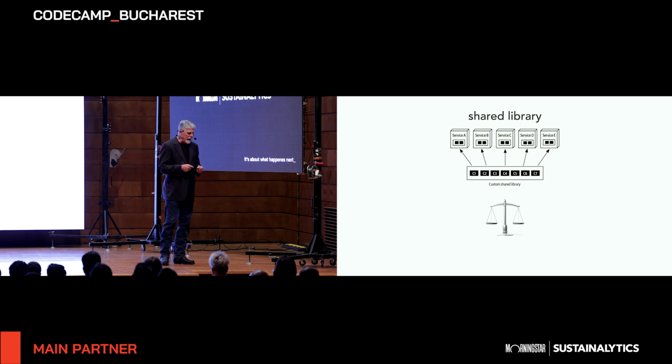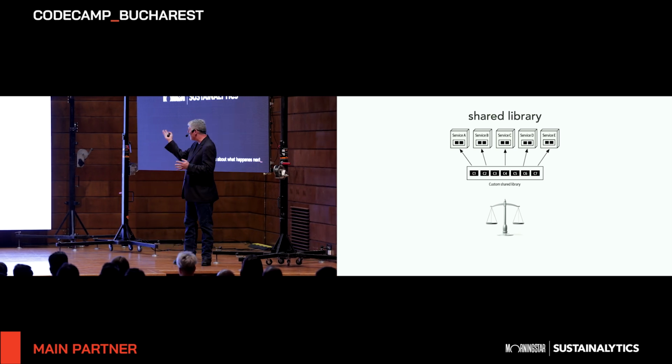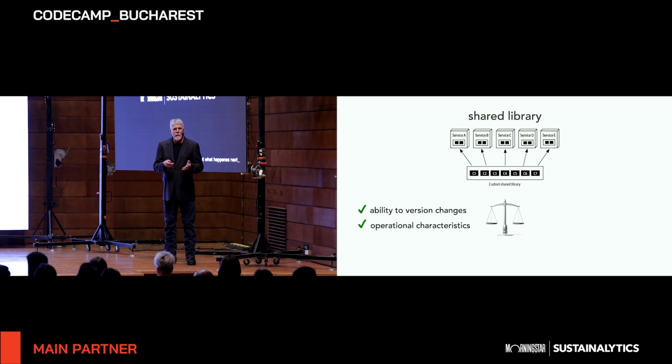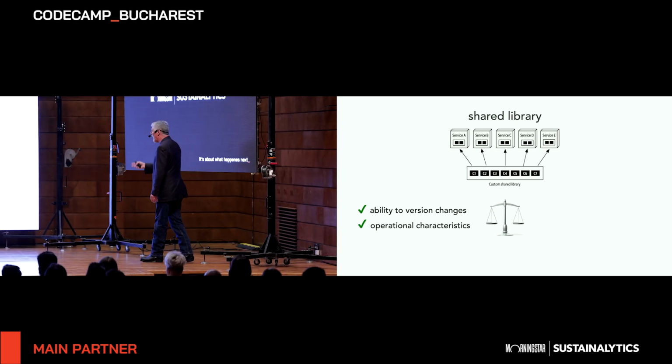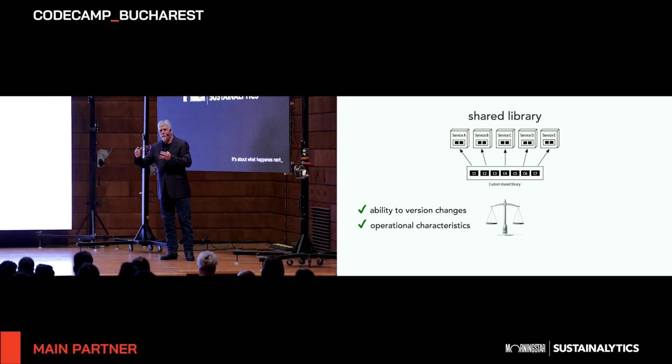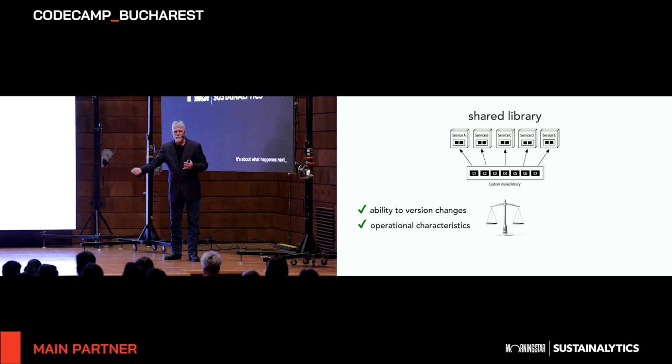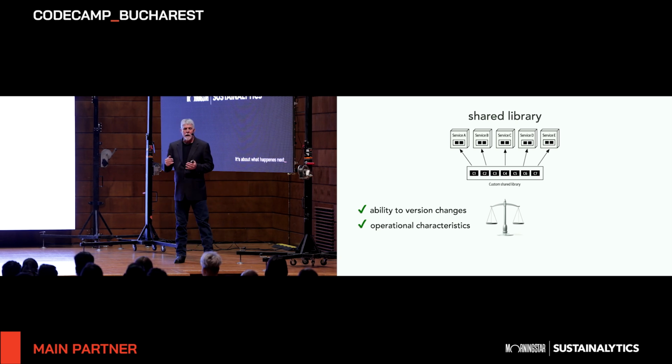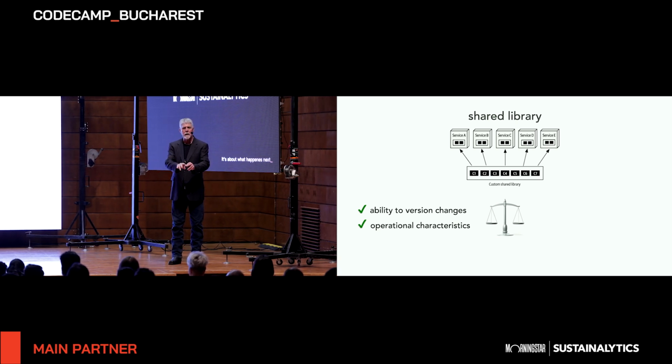And as a matter of fact, if we analyze those trade-offs, let's start with the shared library. This is something that's easy to version. It's great if we've got a lot of changes. I can version it for backwards compatibility, agility. If Neal needs a change right away, I can make that.